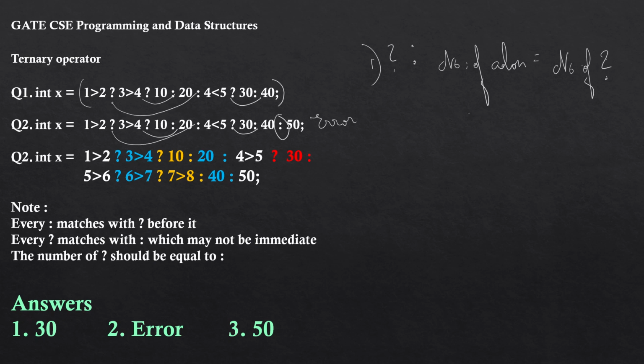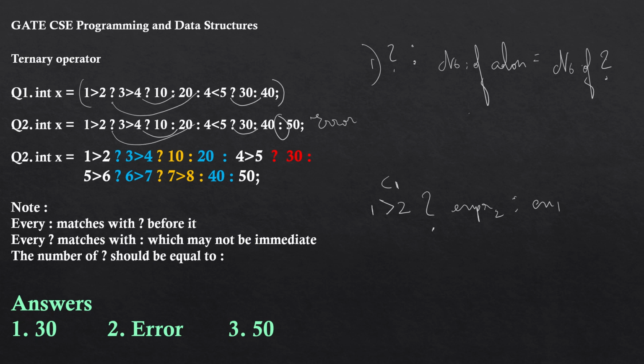Now second rule. So now when the computer sees this expression, we have a set of conditions. So how does it evaluate it? First, when it sees 1 greater than 2, that is our first expression. So if it is true, it will do one set of expressions.